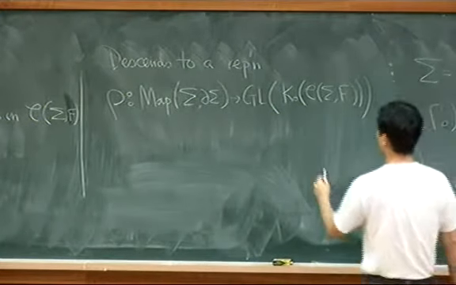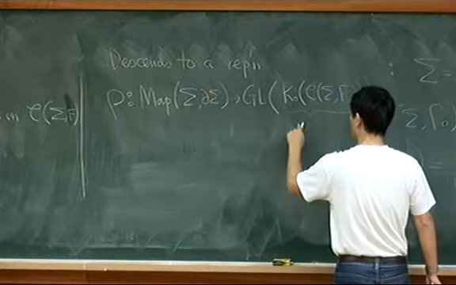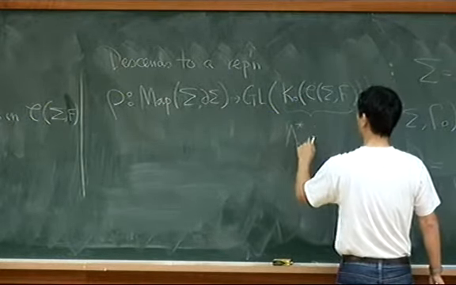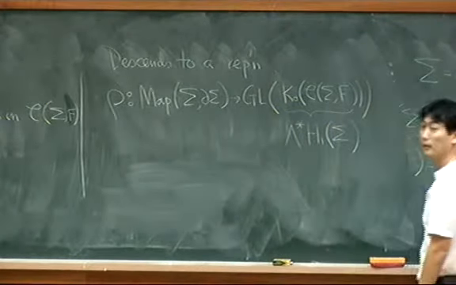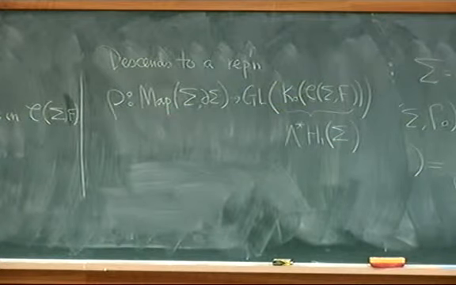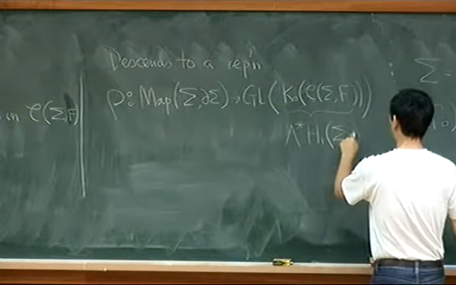Well, but what is this? This we knew in the contact category. This was just the exterior algebra of H1 of sigma. And what's probably the only reasonable natural action that you can have on the exterior algebra of sigma with F coefficients?